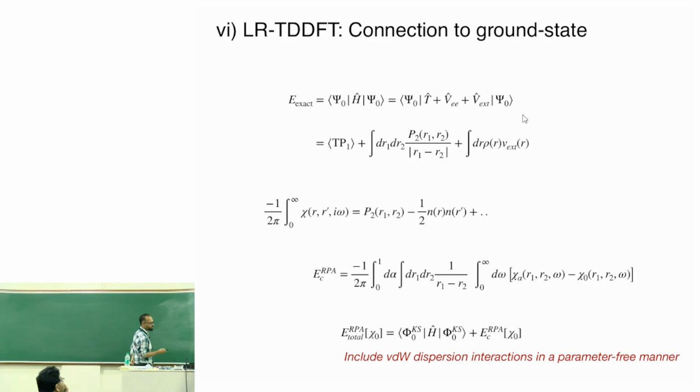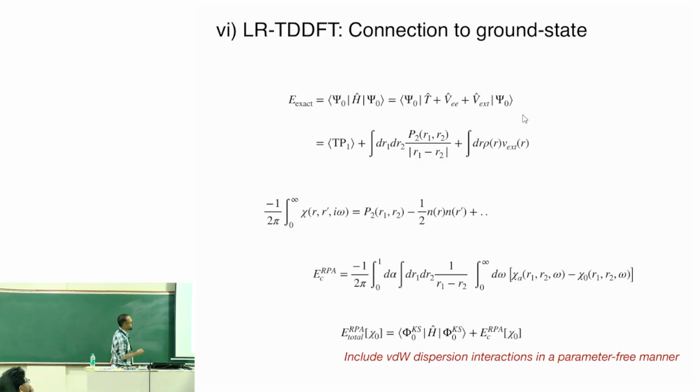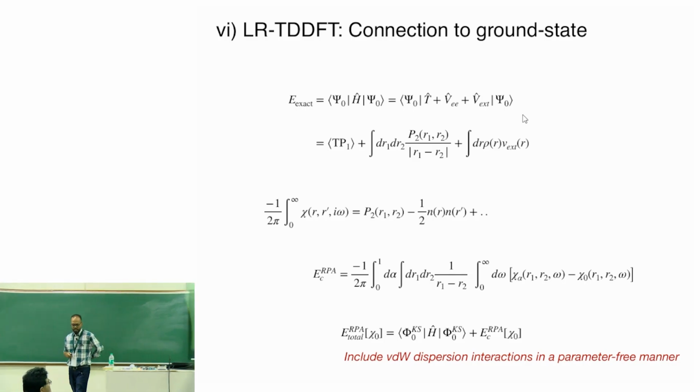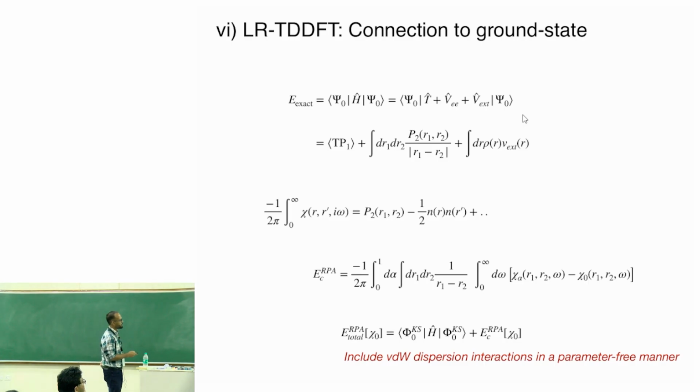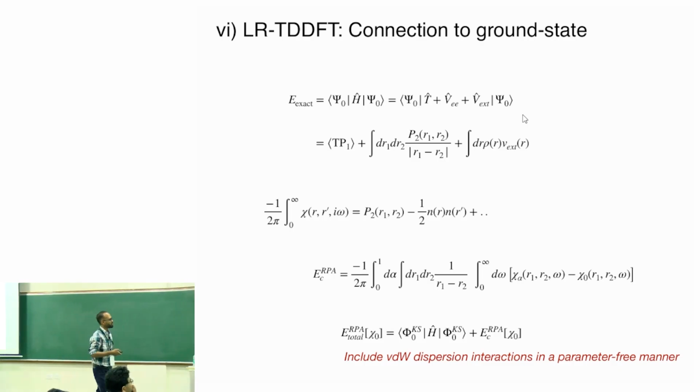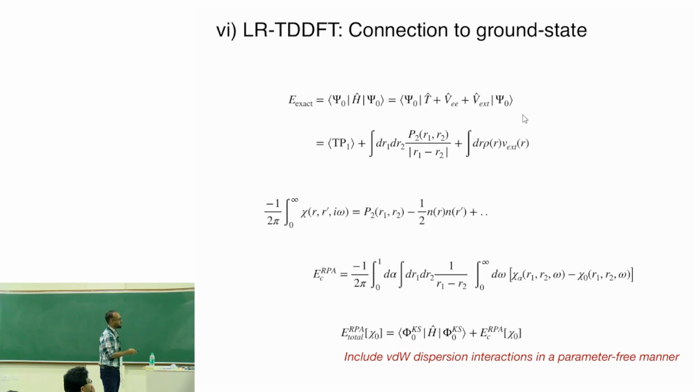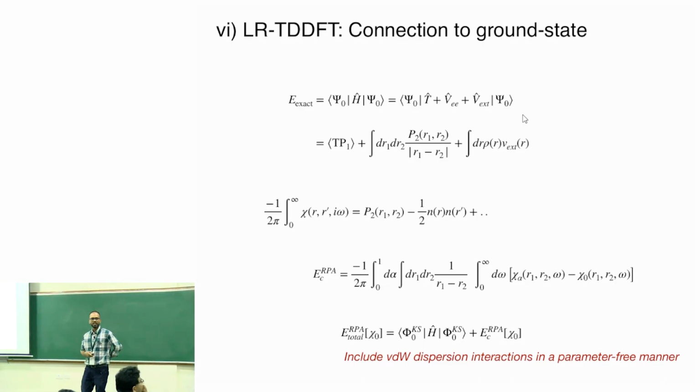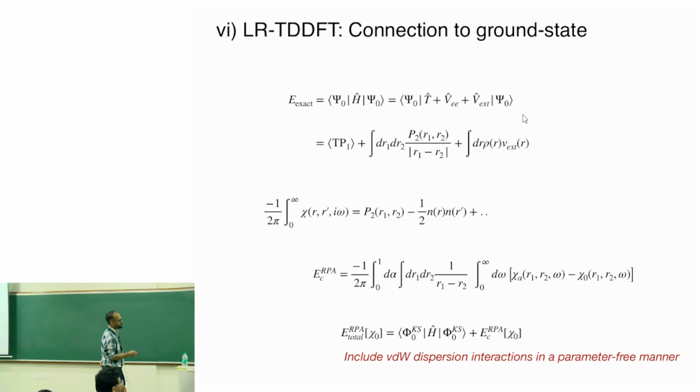And what I would now show you is that the ground state correlation energy you can get by this somewhat complicated looking integral. What you have to do is a line integral where I'm cranking up the interaction all the way from 0, the non-interacting state, to the interacting state, and I'm computing the pair densities over all the interaction strengths. By doing that, I get the ground state correlation energy, the RPA correlation energy.